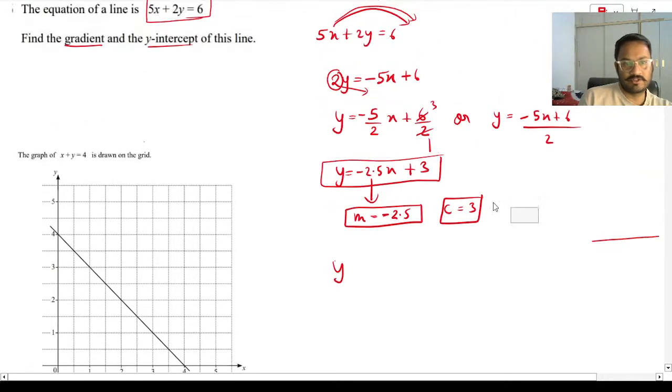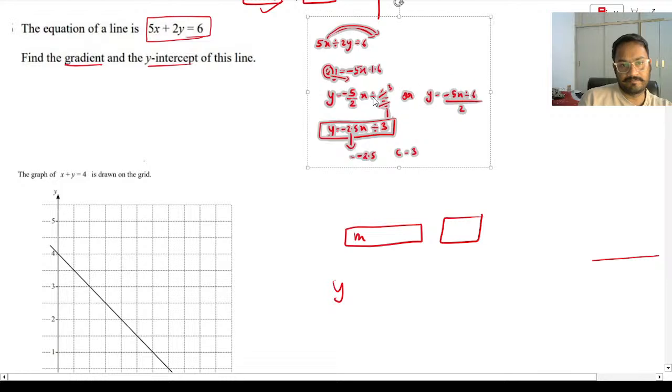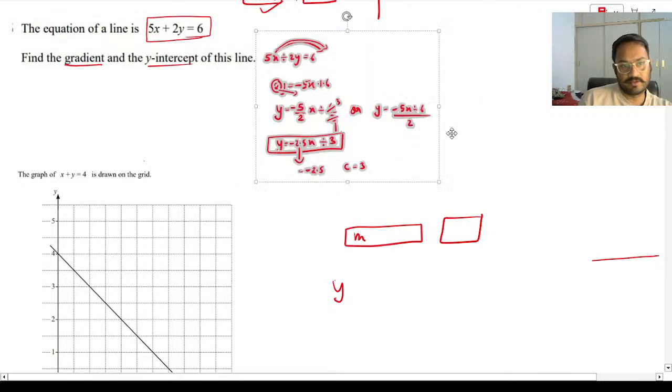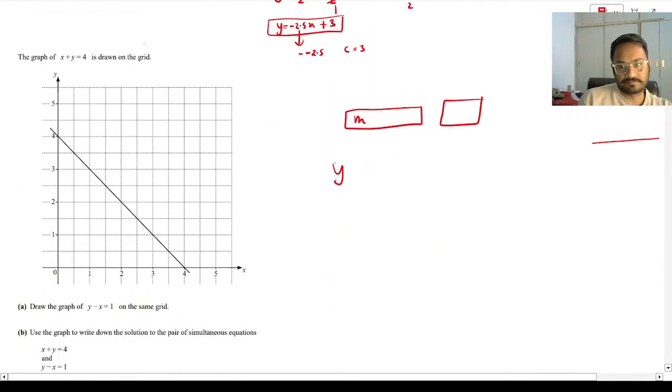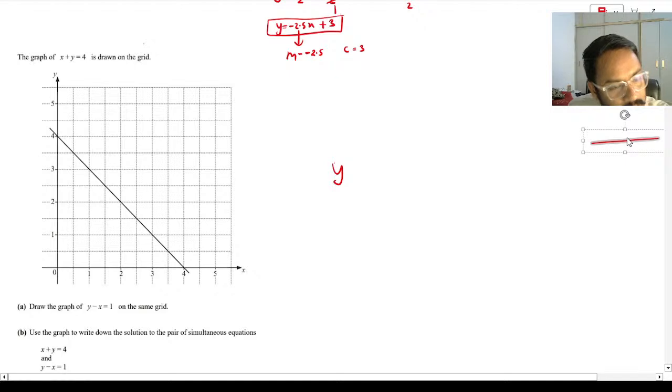You can just decrease the size of this. Just 1 minute. So we can keep it here. This is the answer of this part, right? Now here, just 1 minute. So I can write here m is equals to minus 2.5.